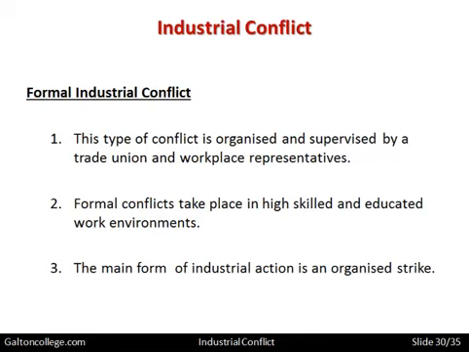The main form of industrial action is an organised strike. Generally speaking, that's what we understand by industrial action, is a strike. That's when the union is involved, the issue is large, it's complicated, it requires union intervention to negotiate with the management to try and find a solution.